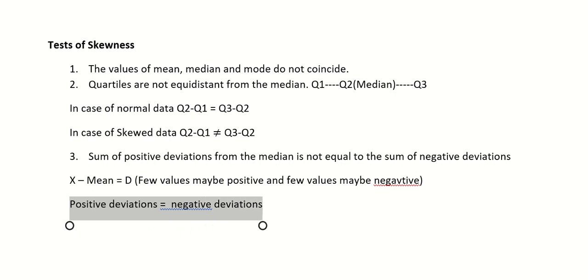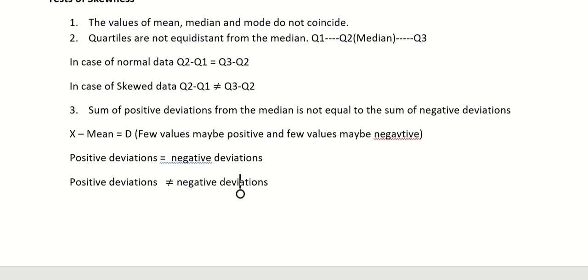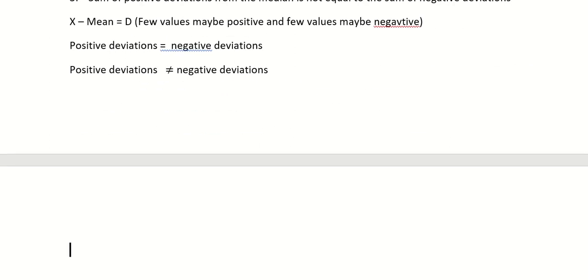But if there is some other value, if the positive deviations and the negative deviations are not equal, then it is called skewed data, right? For example, I'll just give you a very small example. Few values like -2, -3, 0.